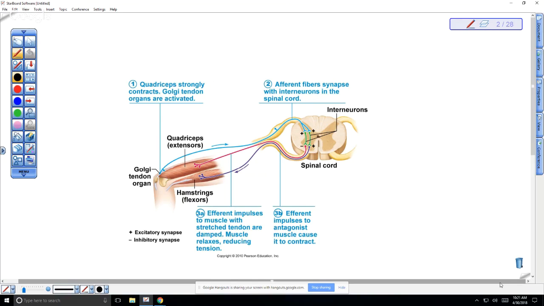And when it stretches, it sends a signal, and so this one, the flexor, will relax a little bit, and then the quadriceps will relax, and the whole thing will reduce tension. Okay. Actually, it says here that they cause this muscle to contract. So if that muscle contracts, then it goes like that, and this muscle actually lengthens.